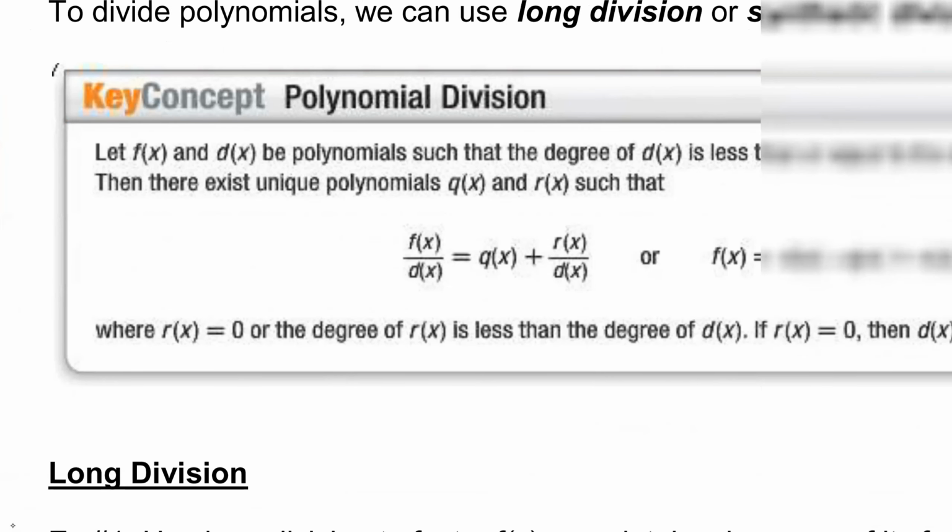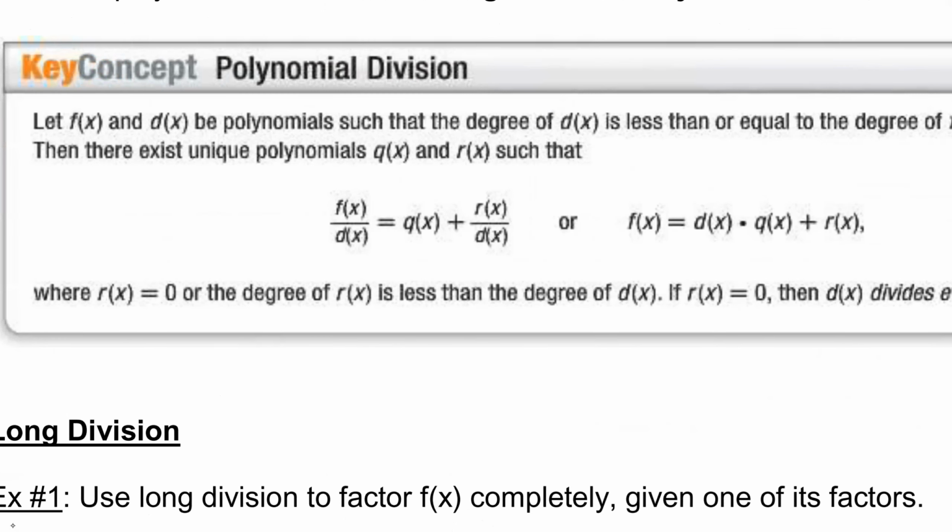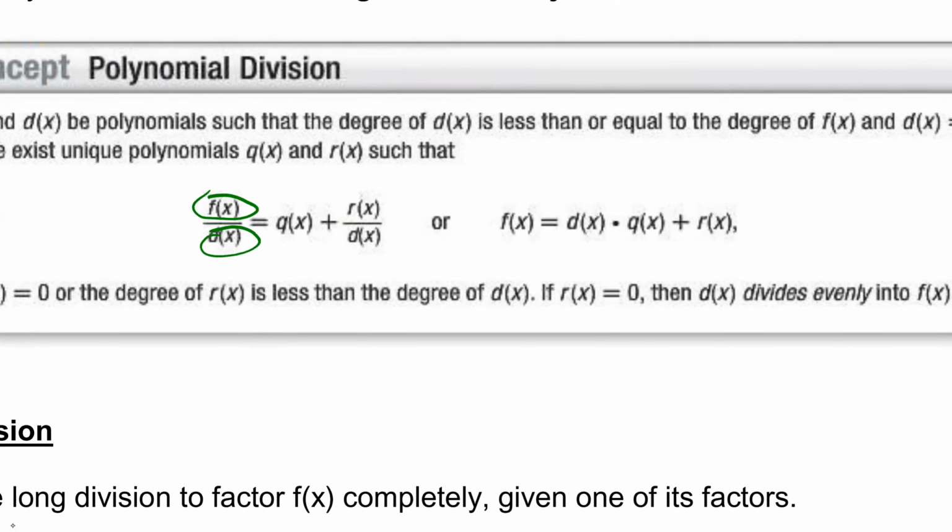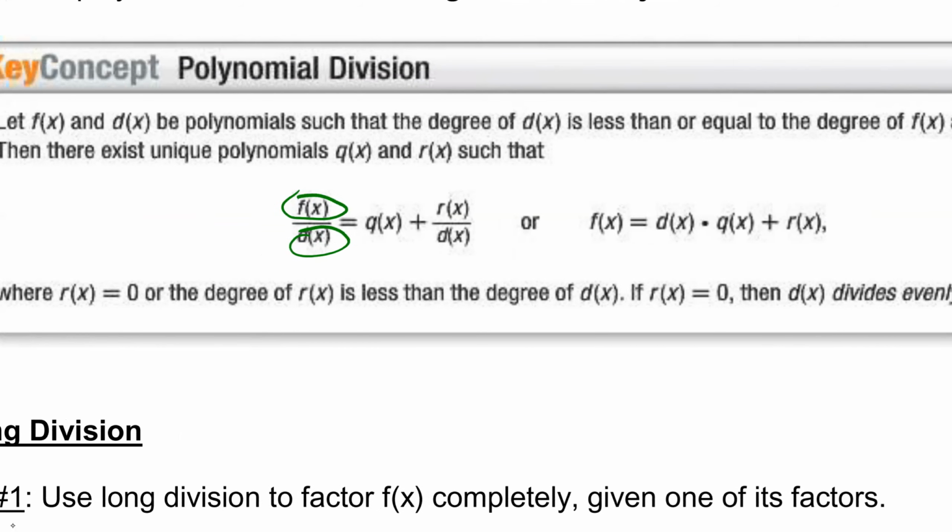So no surprise, now we're going to do polynomial division. All this means is if you take a polynomial and you're dividing by a binomial, or another polynomial that has a lesser degree, you will get the quotient plus potentially a remainder.